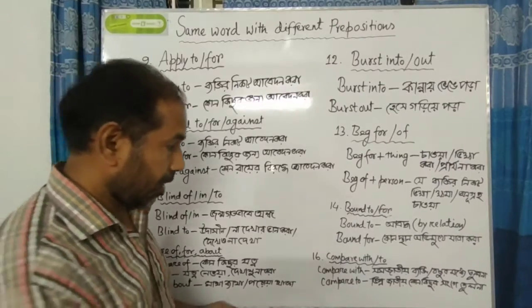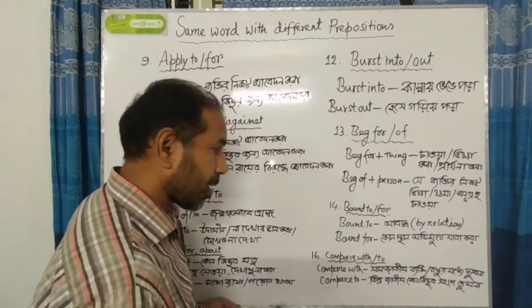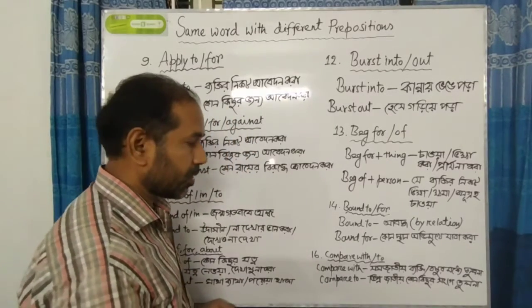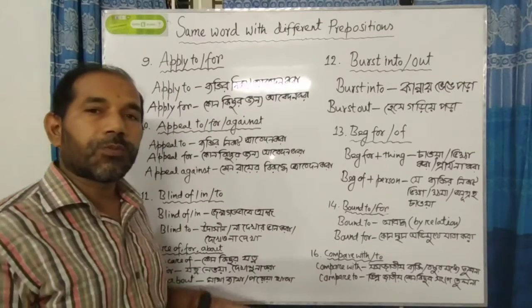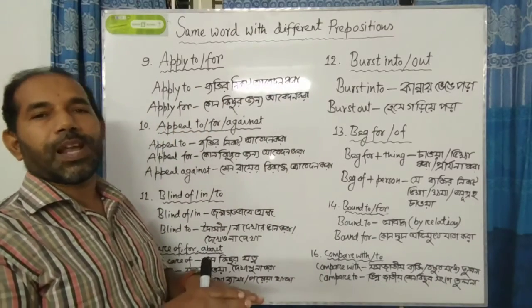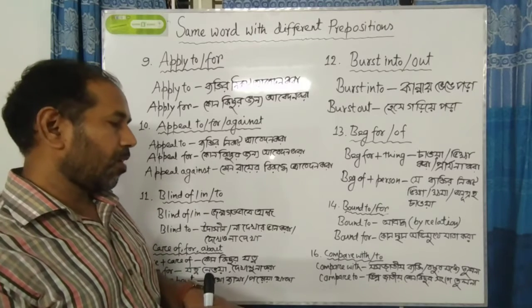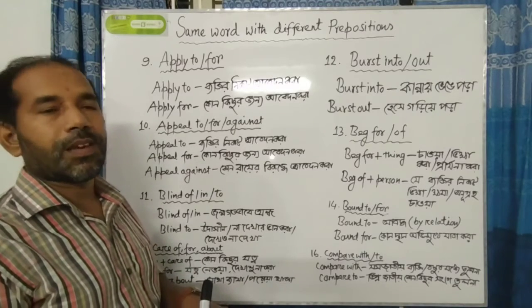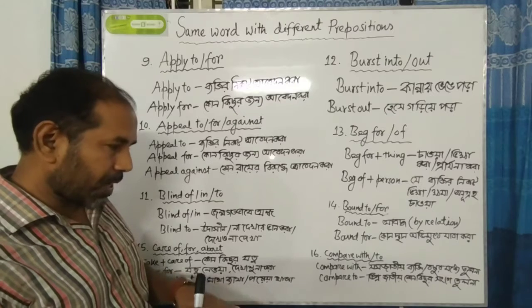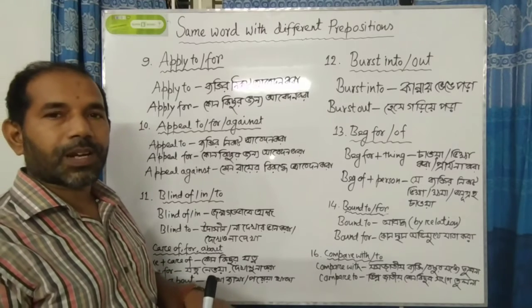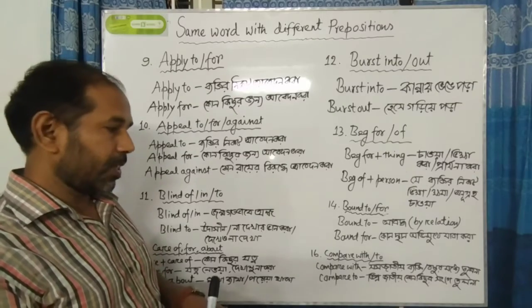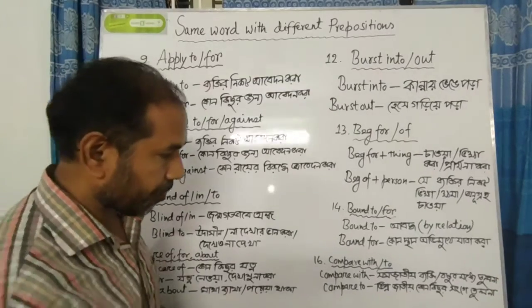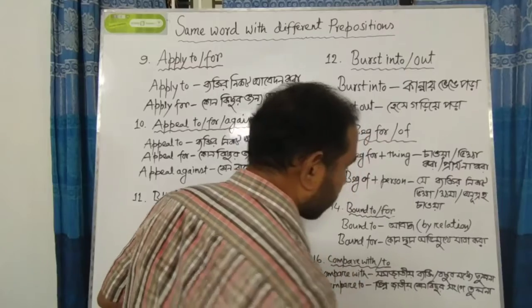Compare with is used before the same type of person. The Bengali meaning is সমজাতীয় ব্যক্তি বস্তুর মধ্যে তুলনা. If two persons or two things are similar, then we use compare with. But if there are far differences between two persons and they are not similar, in that case we use compare to. ভিন্ন জাতীয় কোনো কিছুর সঙ্গে তুলনা.